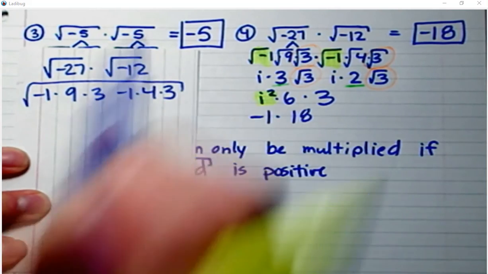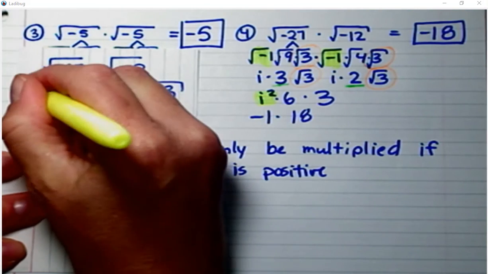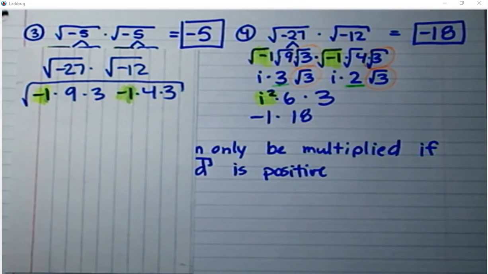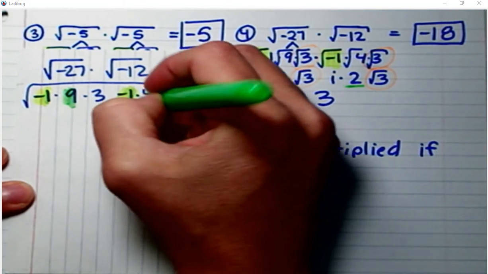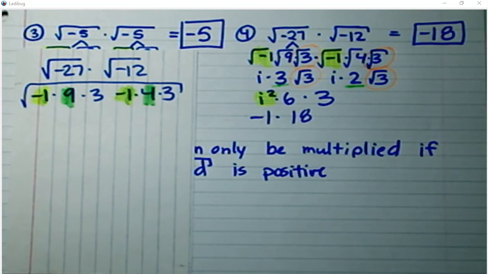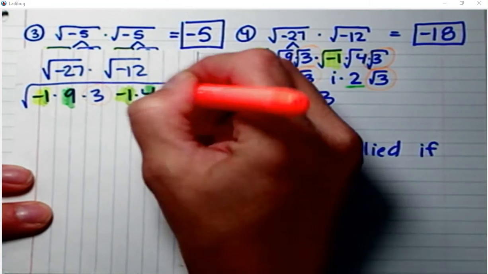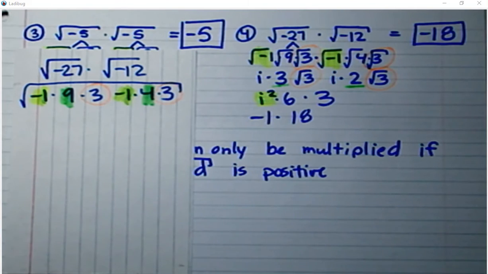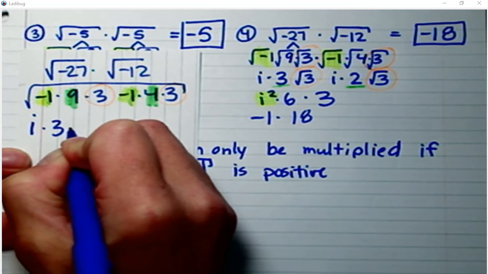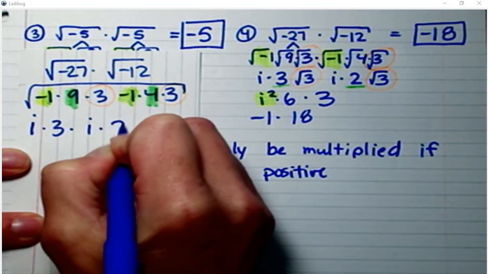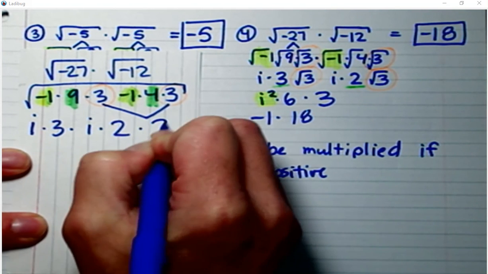I don't feel like writing it a whole bunch of times, so I'm just going to highlight. There's my definition. This comes out. This comes out. This is me just organizing what I'm doing. Okay. All right. So from here, I can say, okay, i, 3, i, 2, 3.